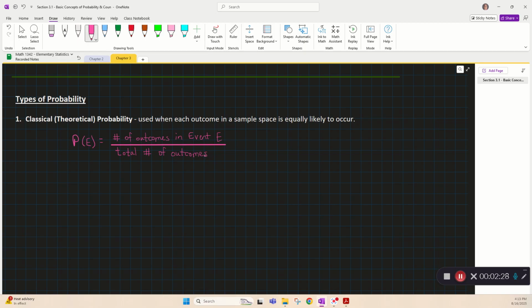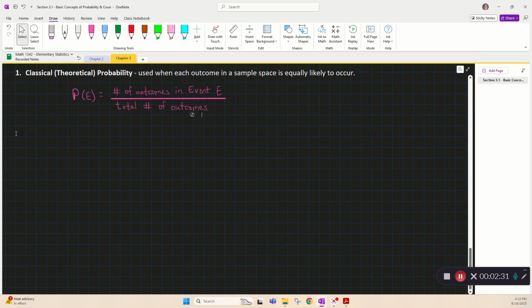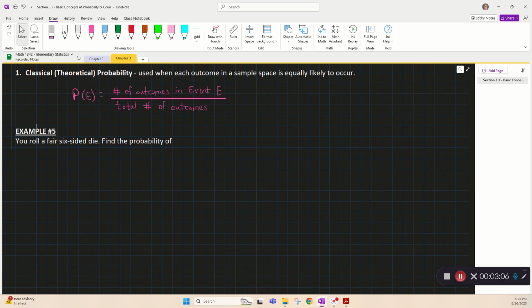Okay, so let's see an example of classical probability. This is going to be example 5. They tell us that we roll a fair six-sided die. Find the probability of each of the following events.